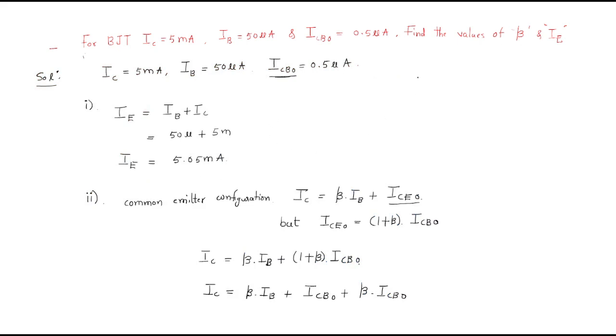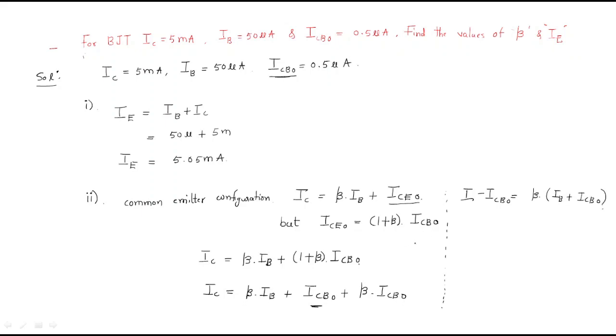From this we can write, by separating the beta, this is the separate term, IC minus ICBO, and if you common the beta, common IB plus ICBO.